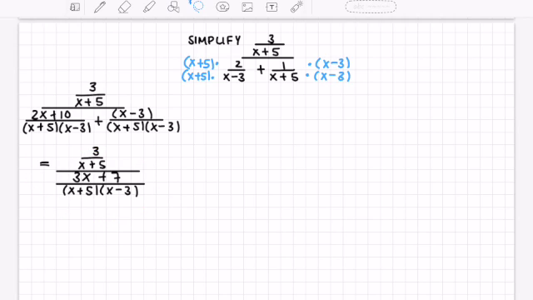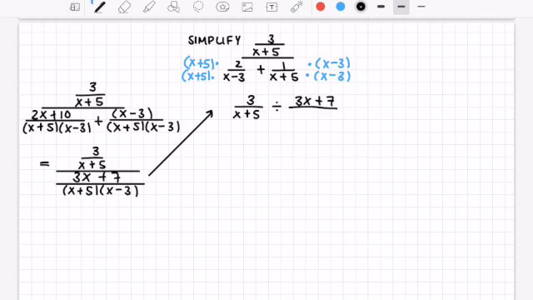Now that it's simplified both on the bottom and the top, I am going to rewrite it into the division expression. 3 over x plus 5 is dividing 3x plus 7 over x plus 5 times x minus 3.